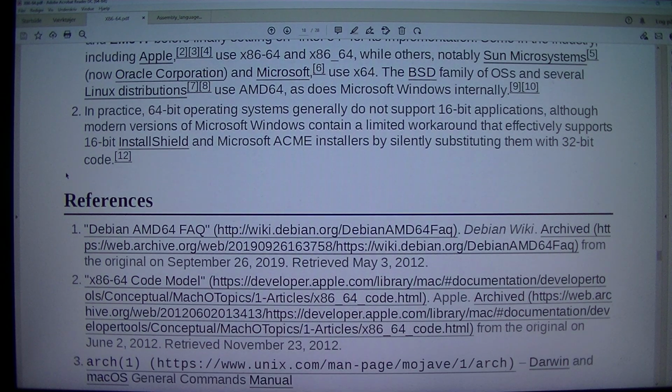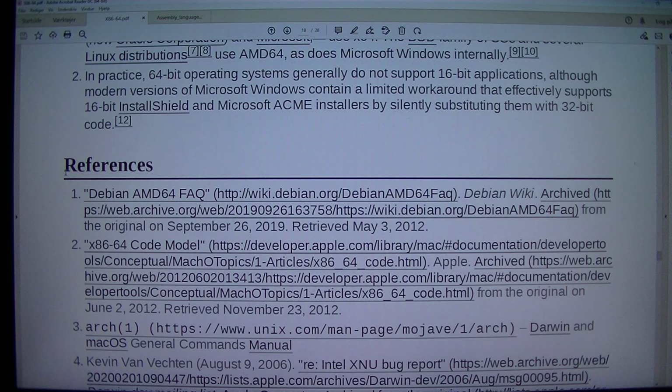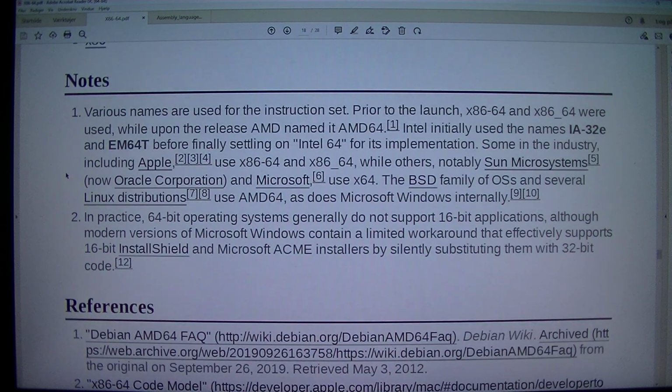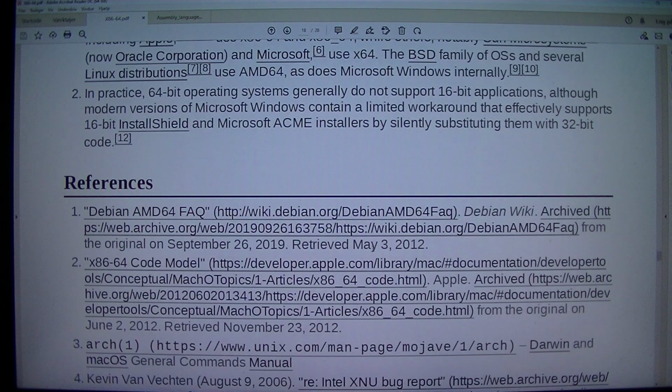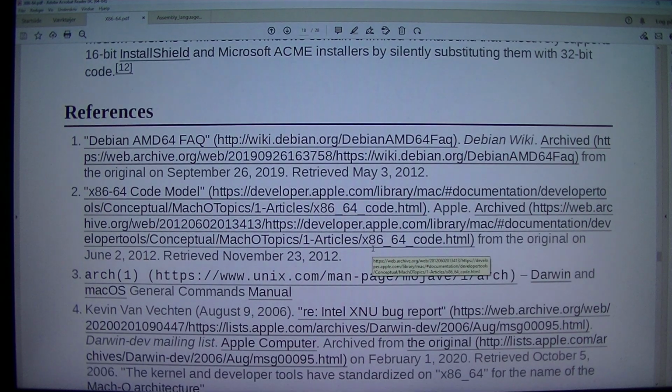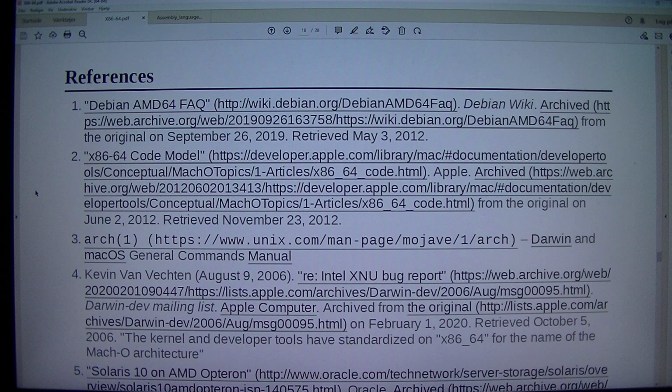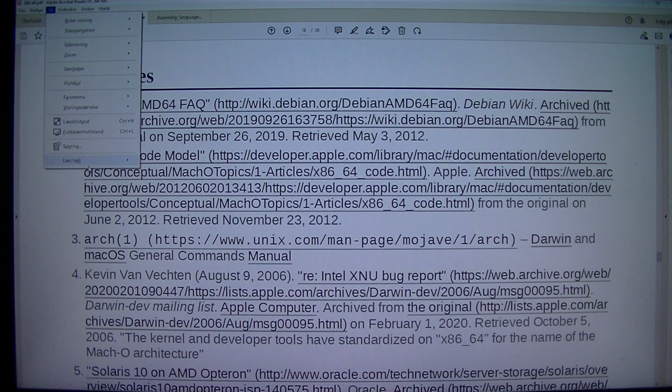In practice, 64-bit operating systems generally do not support 16-bit applications, although modern versions of Microsoft Windows contain a limited workaround that effectively supports 16-bit InstallShield and Microsoft ACME installers by silently substituting them with 32-bit code. References. 1. Debian AMD64 FAQ.